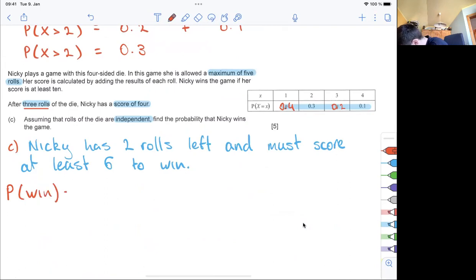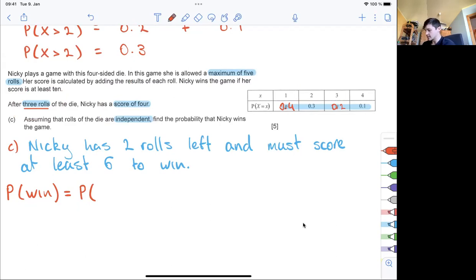So the probability that Nikki wins will be the probability that she rolls a, well, we can't make any sum of two rolls using a 1. Considering she's already got two, because if she's on 3 rolls and gotten a score of 4, that means she will have had to roll 2 1s and 1 2, which is unfortunate. So she can't roll a 1 at all.